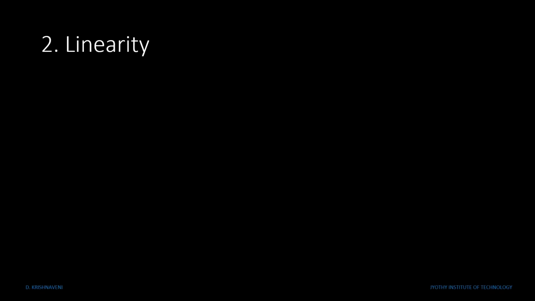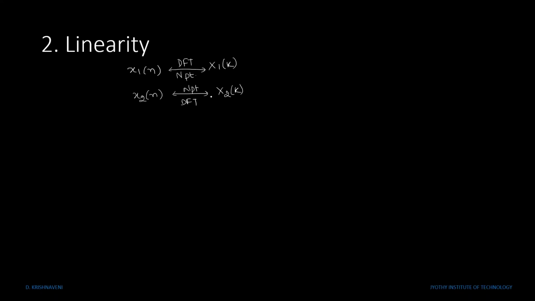Next we have the linearity property. Now let us say we have x1 of n, the N-point DFT is x1 of k, and we have x2 of n, once again the N-point DFT is x2 of k.